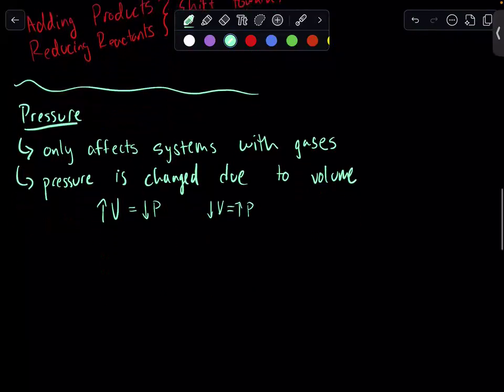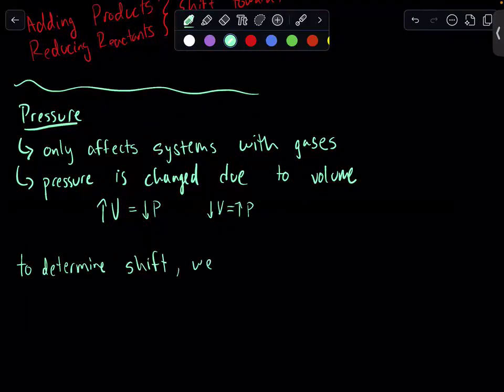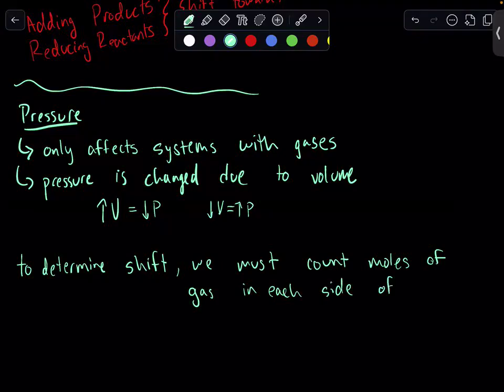Now, how do we actually determine the shift? To determine shift, we must first count moles of gas in each side of the reaction.